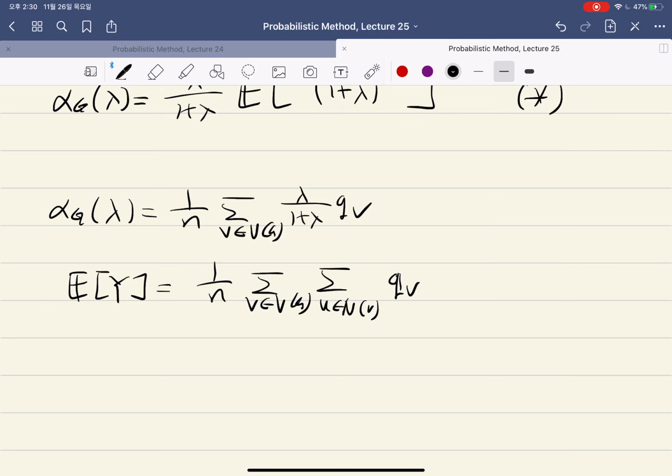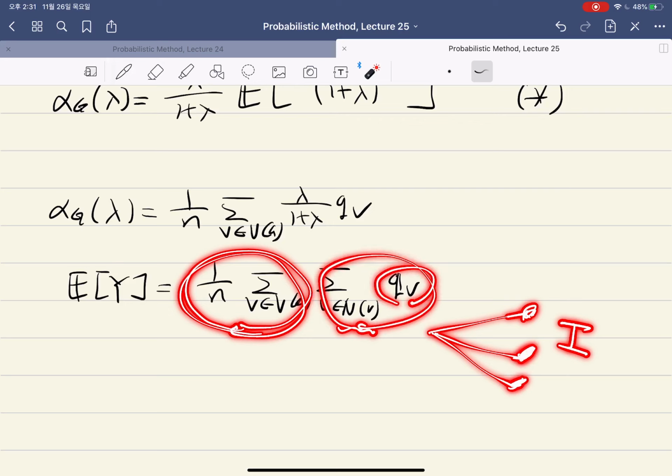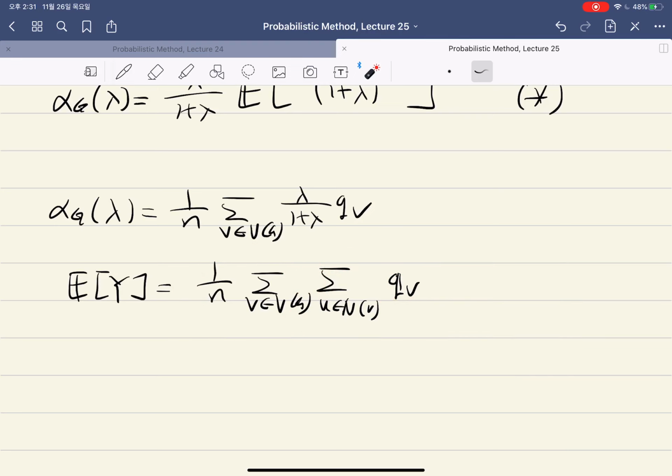Give me a moment. So yeah. So this expectation is of the vertex. So this is the random choice of vertex. And once you choose the vertex, out of its neighbors, you add a probability that each of them is uncovered or not. So this is the expected number of uncovered vertices here, which is the expectation of y over the two random choices.